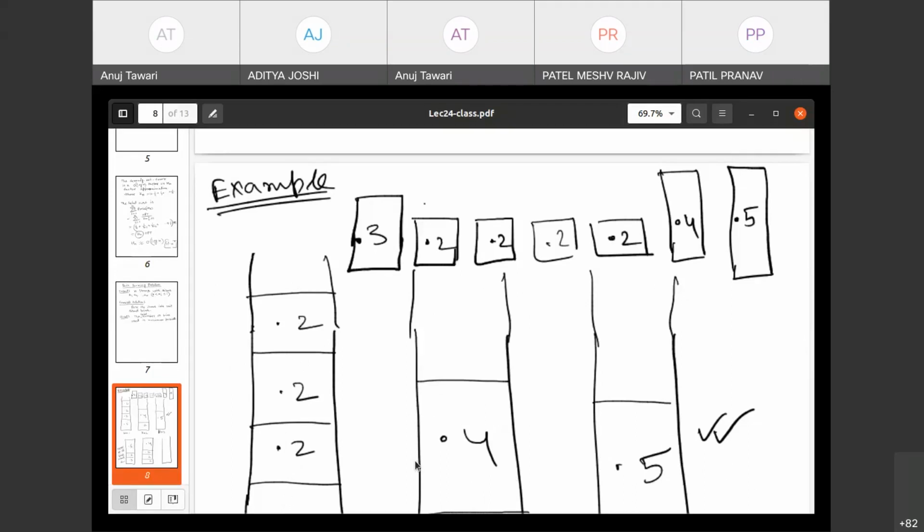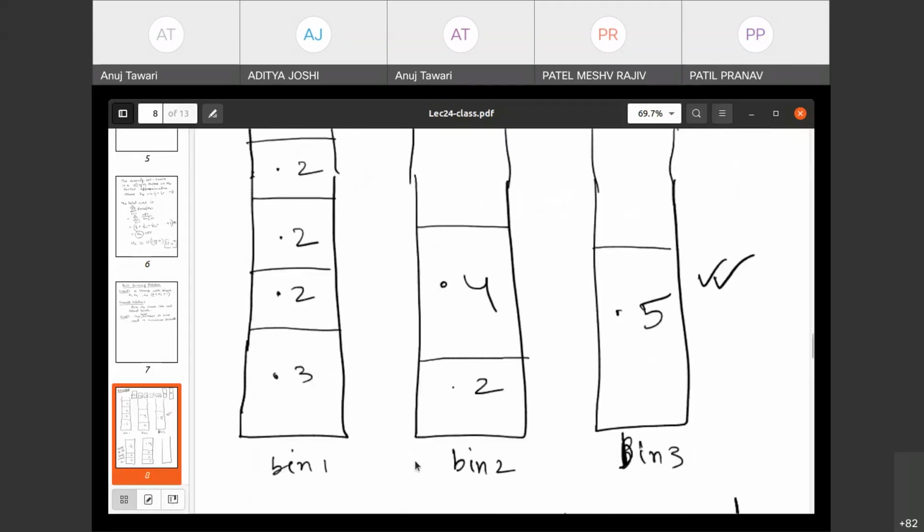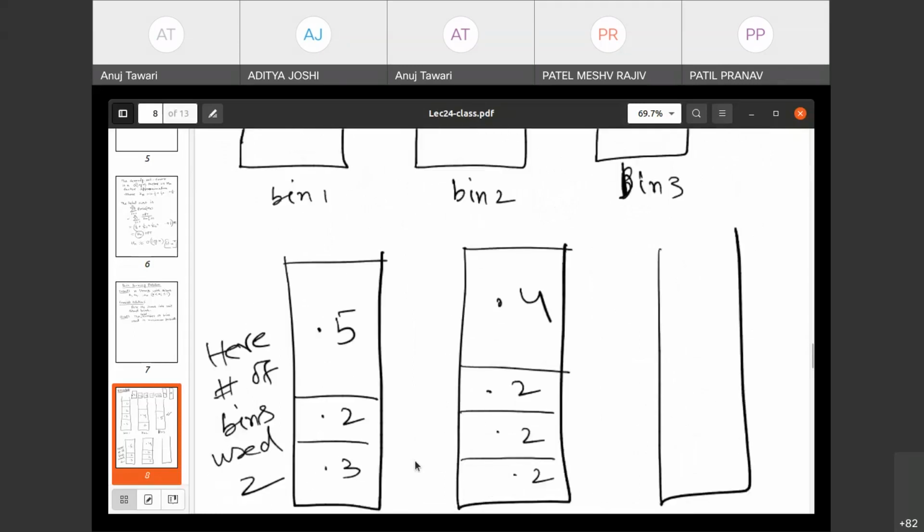But we still haven't got these 2 bins, right? Whether you go in ascending order or descending order, you can't get this particular arrangement. So how can we find this arrangement?